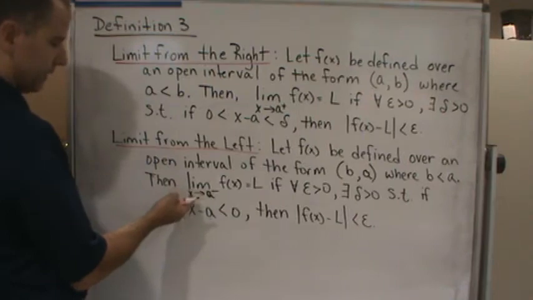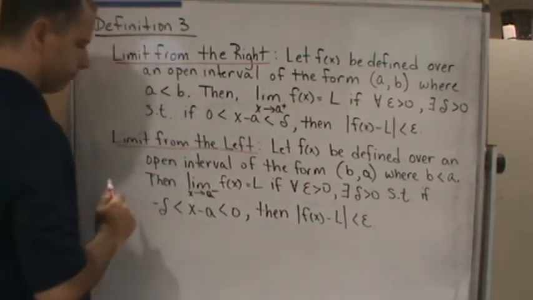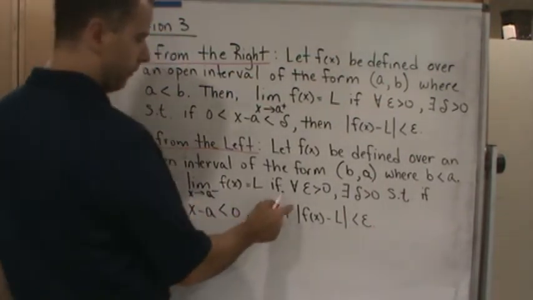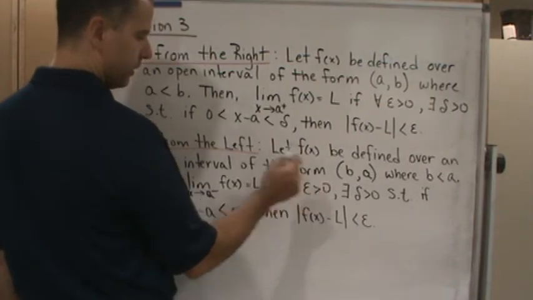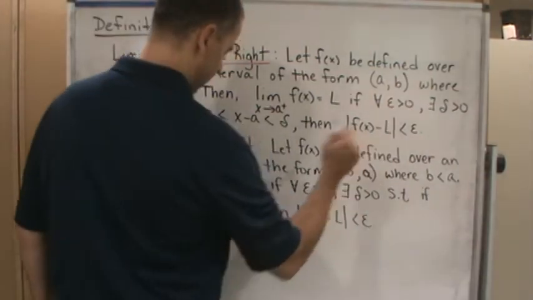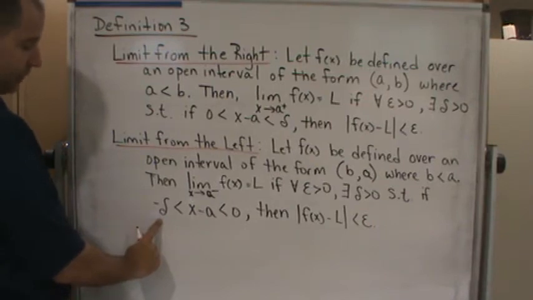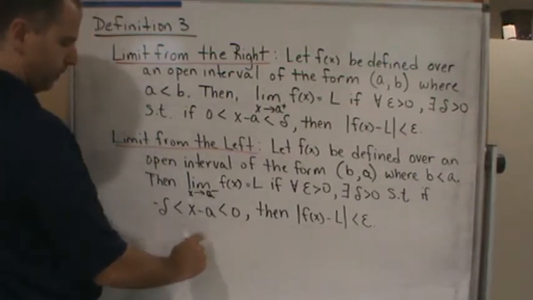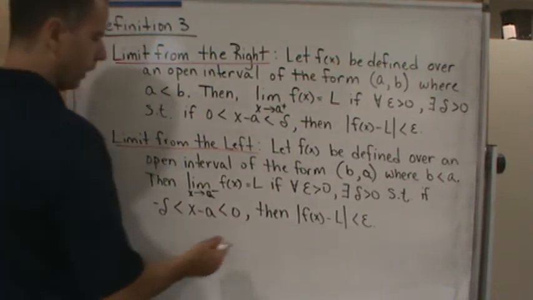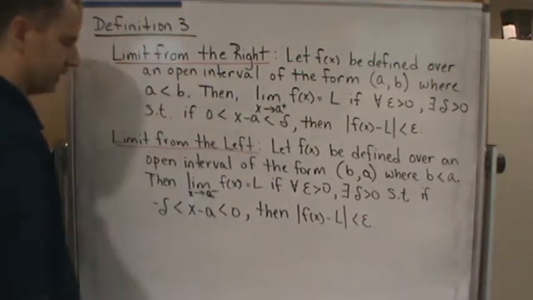Then the limit as x approaches a from the left, so now we're going that way, of f of x equals L if for every epsilon greater than 0 there exists a delta greater than 0, such that if x minus a is greater than negative delta and less than 0, so now again we're on the other side, then the absolute value of the function minus L is less than epsilon.